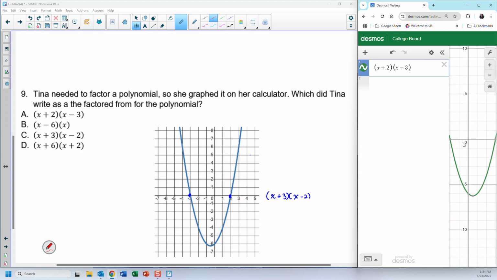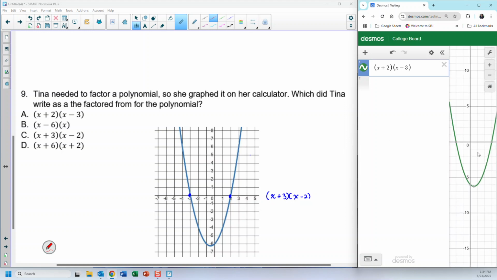Anyway, that's at 2, and then this one is at 3, but here I have a -3 and +2. Okay, so there's -2 and then +3.